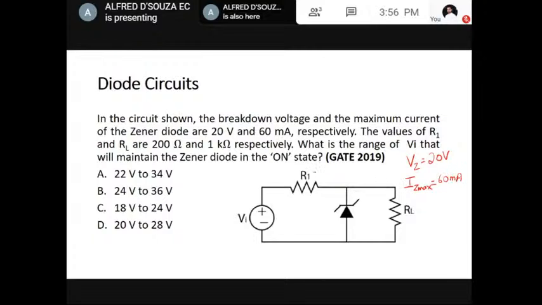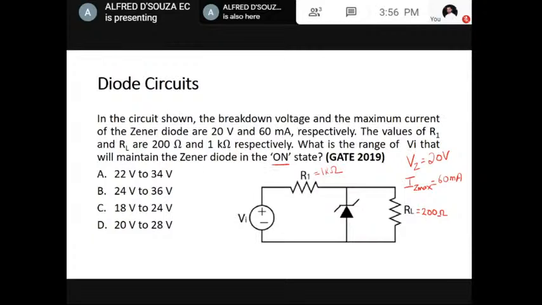R1 is 1 kilo ohm and R2, RL, is 200 ohm. The input they have not specified. So what is the range of the input voltage VI that will maintain the Zener diode in the on state?